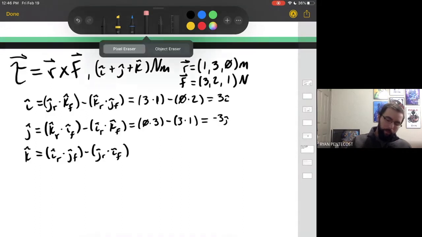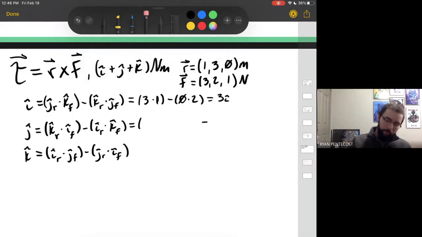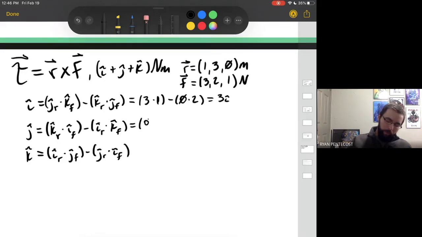Messed up. Hang on. Let me redo that one. So k for the radius, 0. I for the force, 3. I for the radius was 1. K for the force is 1. There we go. That's right. Negative 1j.